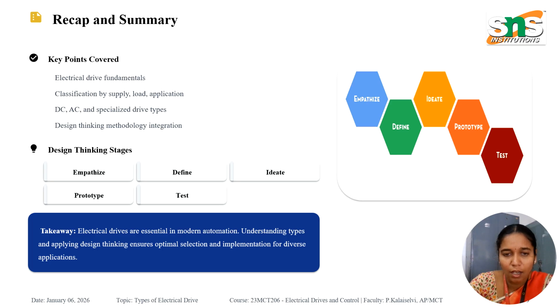The key points are that electrical drives are essential in modern automation, and choosing the correct drive type ensures optimal performance, efficiency and reliability for different applications. Okay, these are the key takeaways from this session.